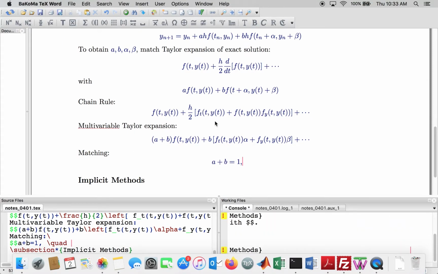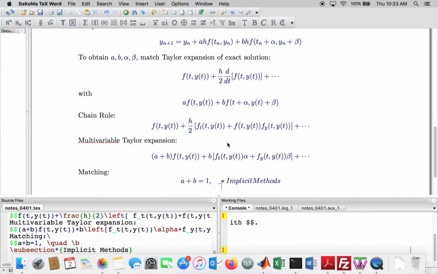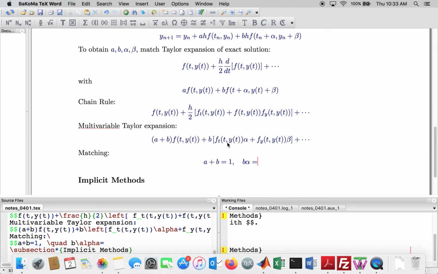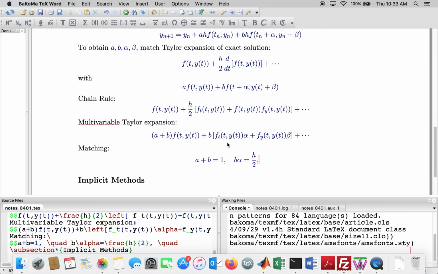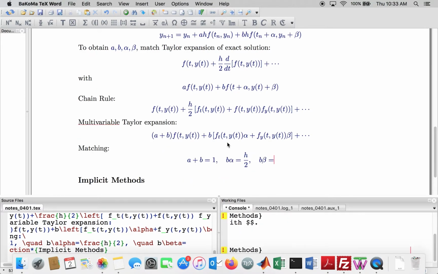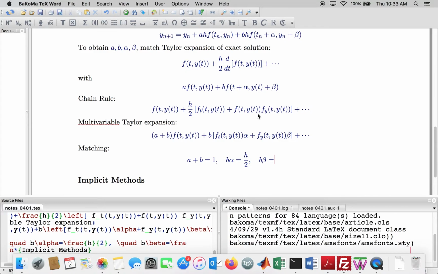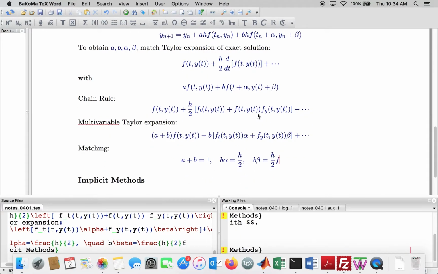Then if I match up the ft terms, I have b alpha is equal to h over 2. And then I have b beta is equal to, so here I just have h over 2 fy. Here I have fy b beta. So b beta has to equal everything in this term except for the df dy. So that's going to be h over 2 f of t, y of t.